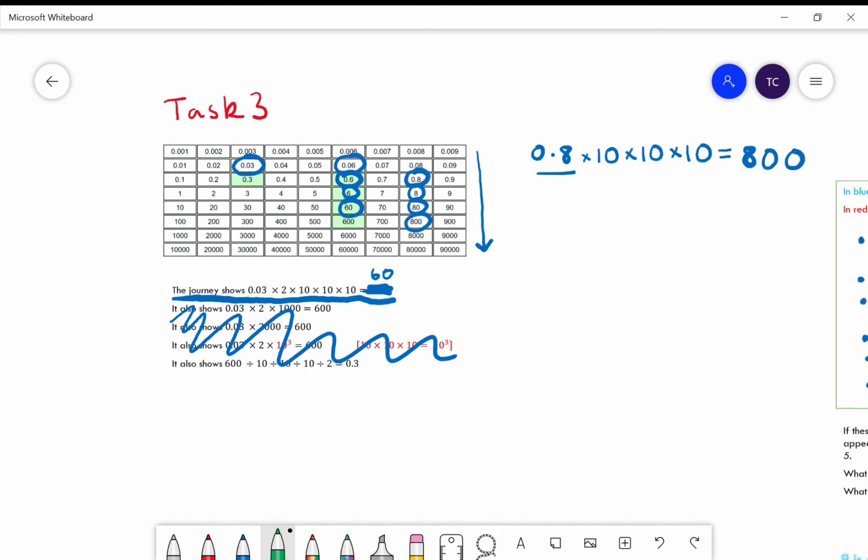Okay, so I'm going to come up with another one just now. Let's take the number 2. So if I've got 2, let's multiply it first of all by 2. Before I do that, have a think about where my next green circle is going to go on the chart. Okay, so it'll take me to 4.